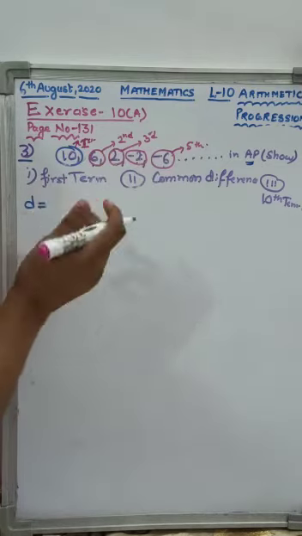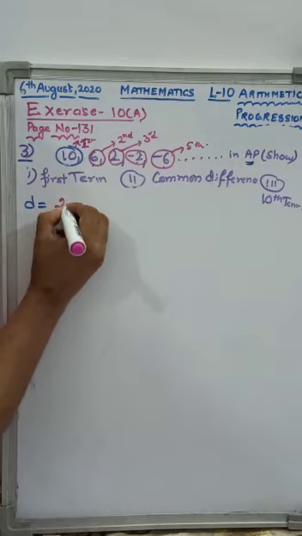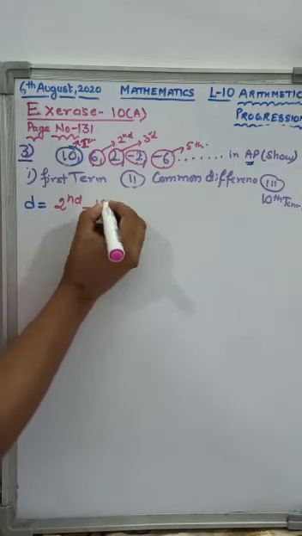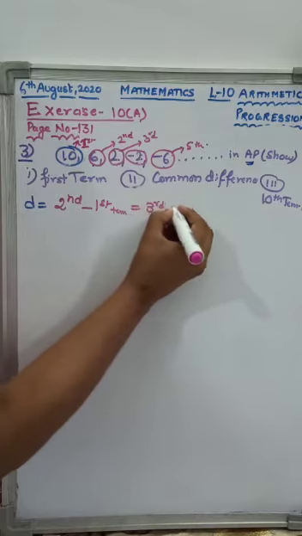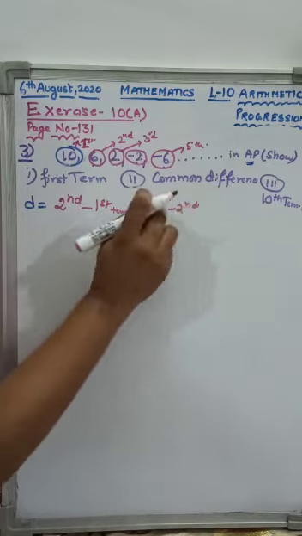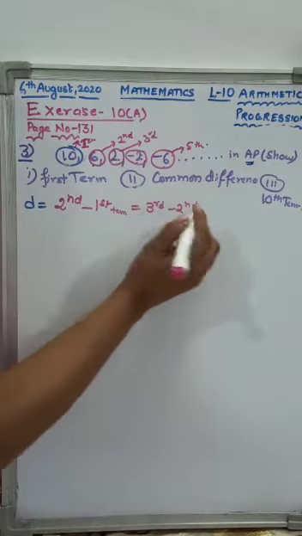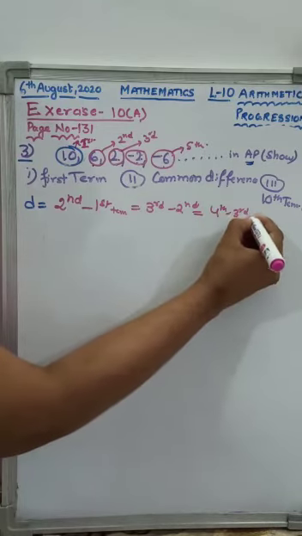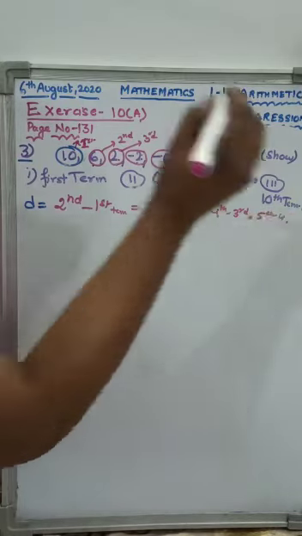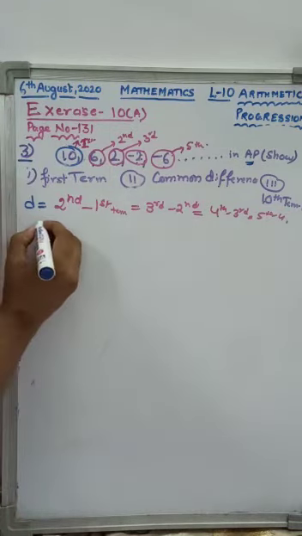This way, this is a term. So how will you find out? Second minus first term. Clear? Then third minus second. Be very careful. Third minus second, not second minus third. Then fourth minus third. Fifth minus fourth. This way.